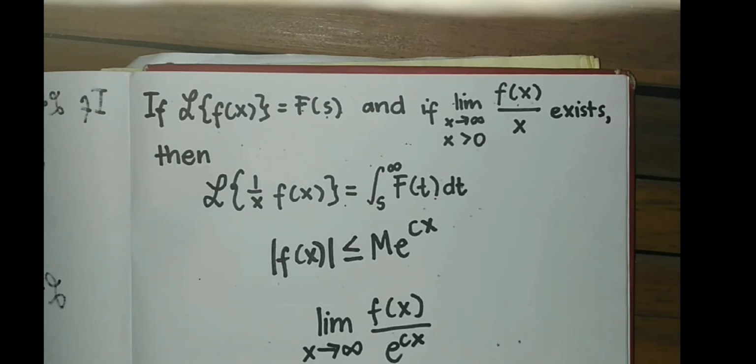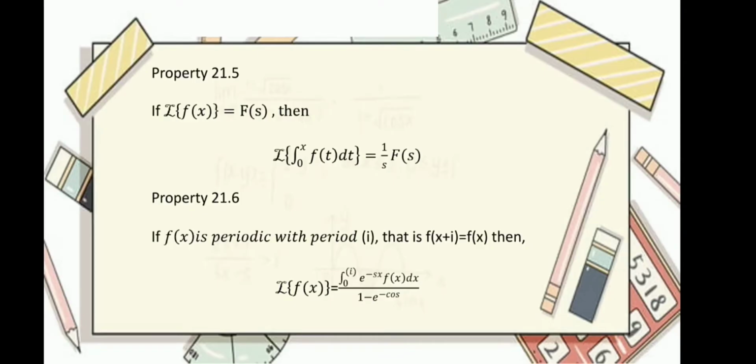If we compute the limit of f of x over e raised to cx as x goes to infinity, and the limit exists and is finite, usually 0, then f of x is of exponential order. For exponential order functions, we can see the uniqueness and existence of the Laplace transform.